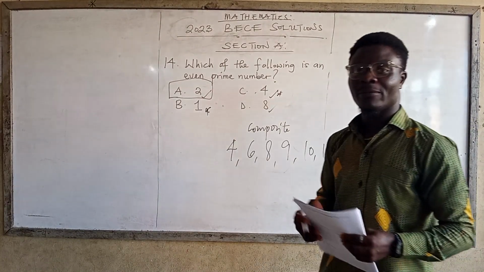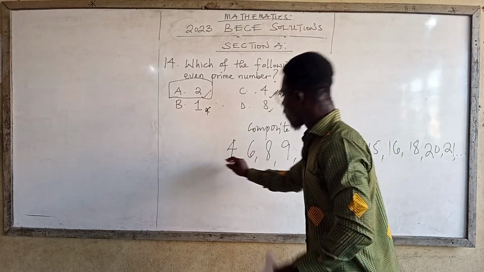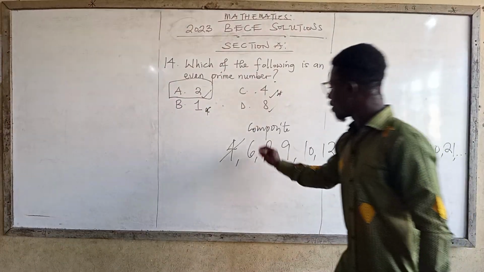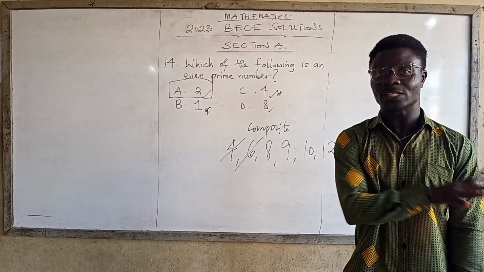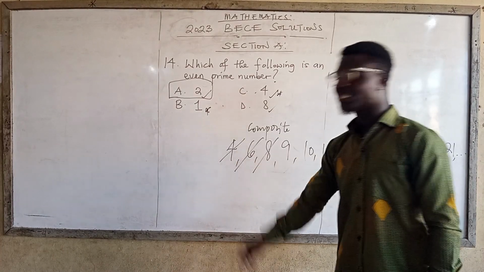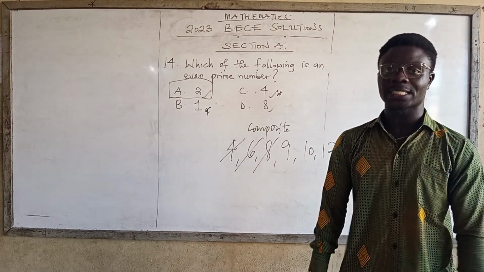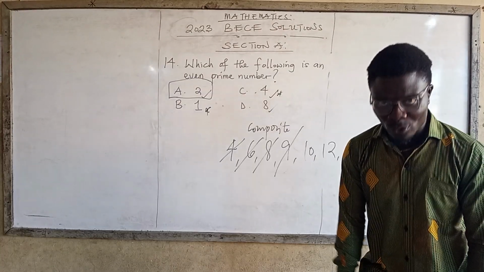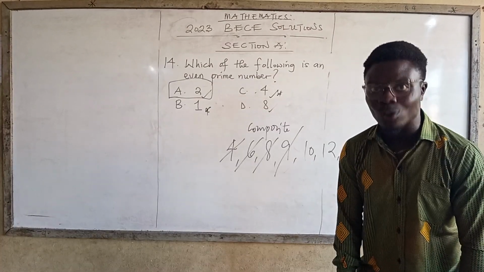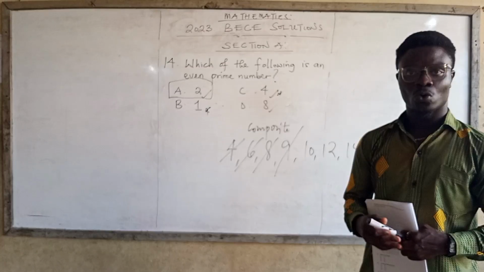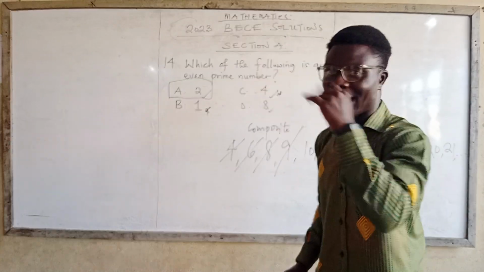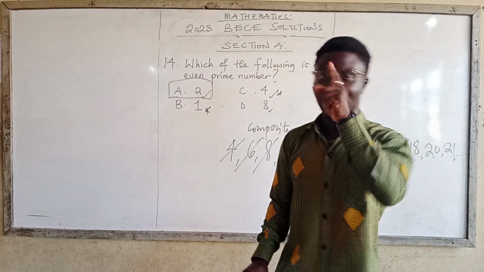Now this time around, let's see. 4 is a composite number, but it's not an odd number. 6 is a composite number, it's not an odd number. 8 is a composite number, it's not an odd number. 9 is a composite number, and also it's an odd number. Now, odd numbers, 2 can divide them, but with what? A remainder.